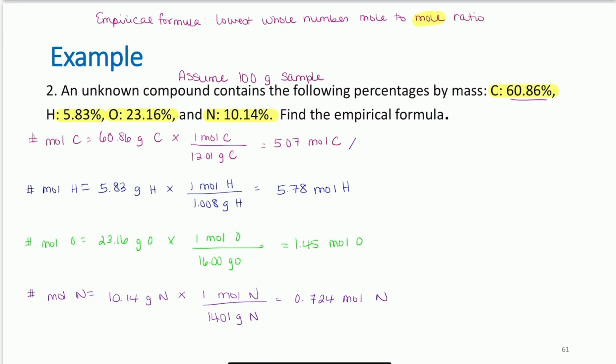We've got moles. Now we want to find the mole-to-mole ratio. But we want it to be the lowest and whole number. So what I'm going to do is find the lowest number and divide by that lowest number. So I'm going to divide all of them by 0.724. And when I get a not whole number, I'm going to round to a whole number.